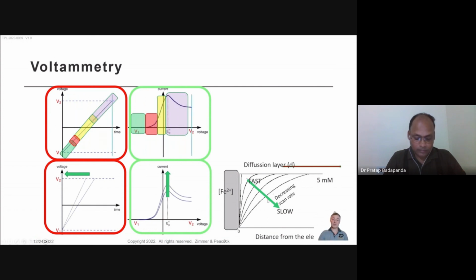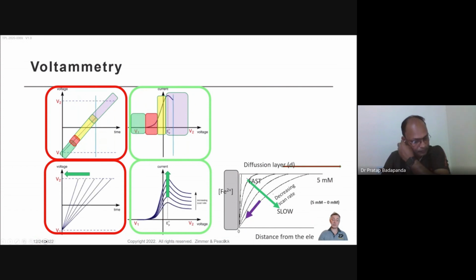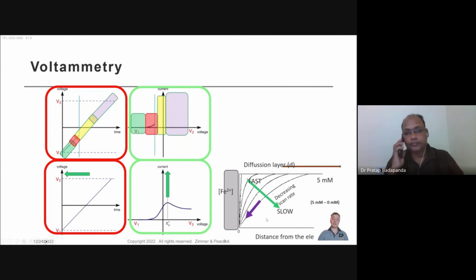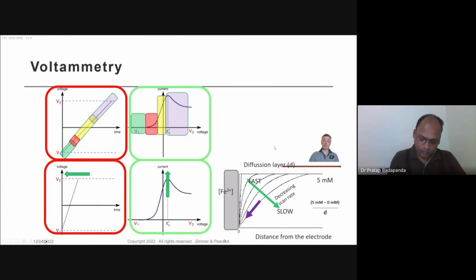And so this gradient is actually equal to the concentration of the bulk, 5 millimolar, minus the concentration at the surface, which is actually 0, divided by this diffusion layer. So if the diffusion layer is large, because you've scanned slowly, this gradient is small.